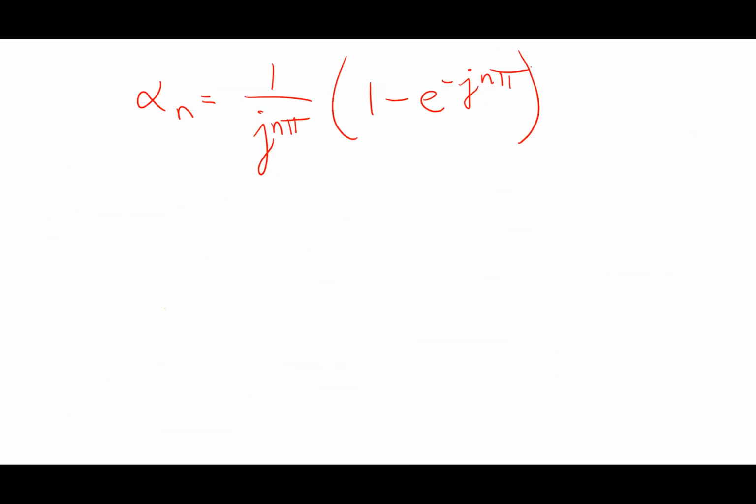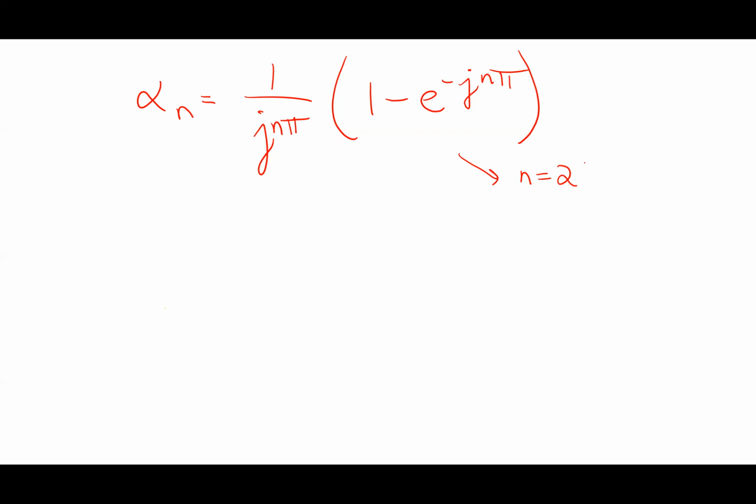In other words, this guy shouldn't have anything for n equal to 2, which means that the even harmonics don't fit into the waveform. I don't need any even harmonics to give me that square wave. So how could I check that? Well, let's plug in n equal to 2, and then n equal to 4, and so on and so forth.